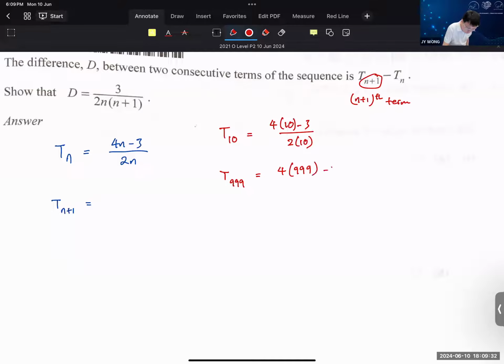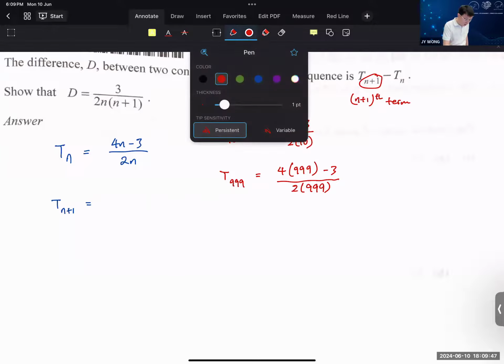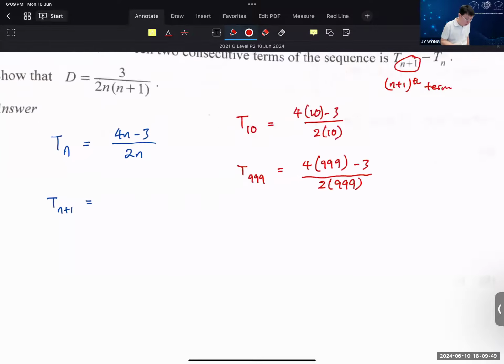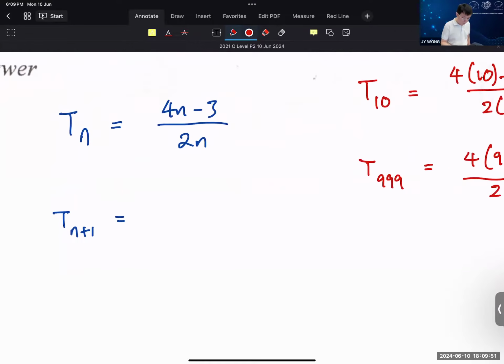So basically, you substitute the n with whatever term you are finding. Correct? So what exactly is Tn plus 1? Tn plus 1 means you just substitute n plus 1. So it's just 4 bracket n plus 1 minus 3 over 2 bracket n plus 1.